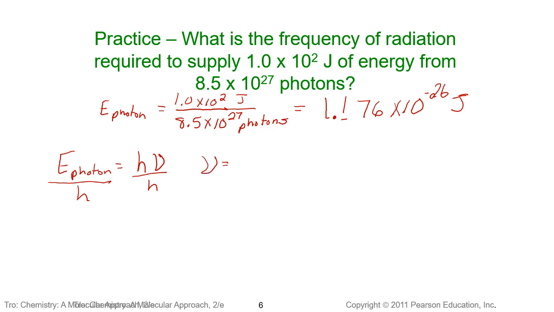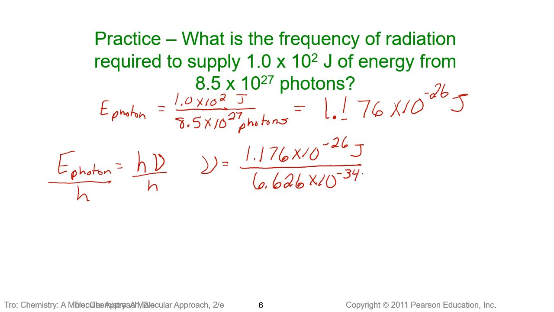So our frequency is equal to the energy of each photon, which we just calculated, divided by Planck's constant, 6.626 times 10 to the negative 34 joules times seconds. Our joules will cancel and we'll end up with 1 over seconds. So our frequency is going to be 1.8 times 10 to the 7th hertz, or 1 over seconds.